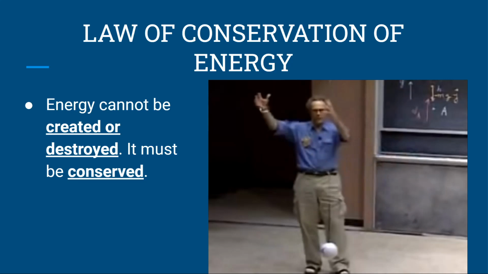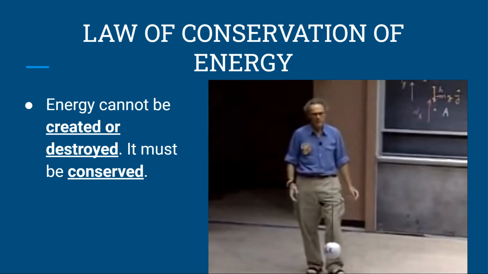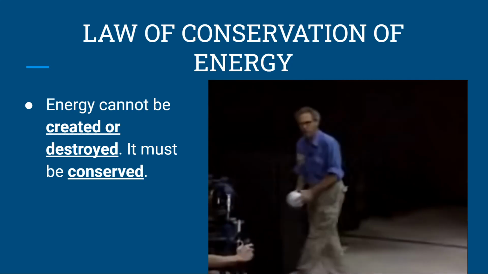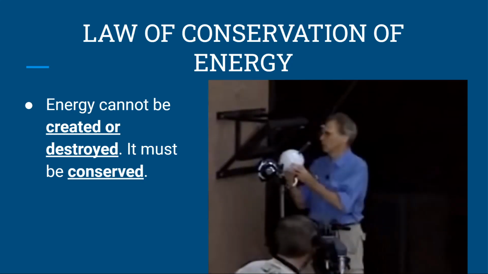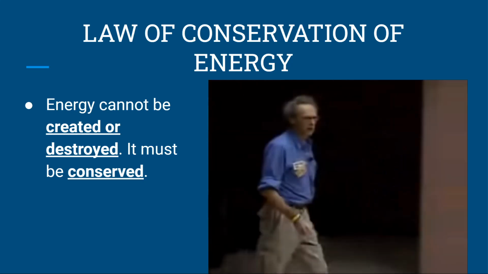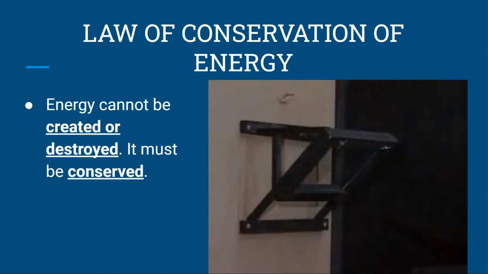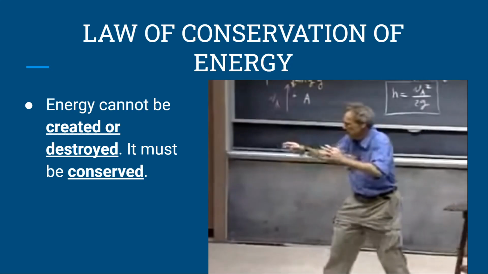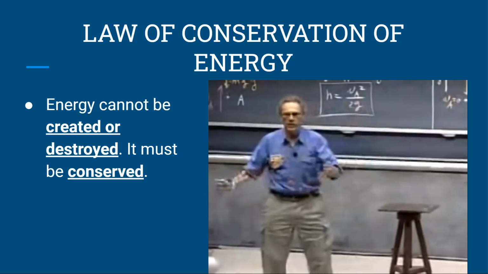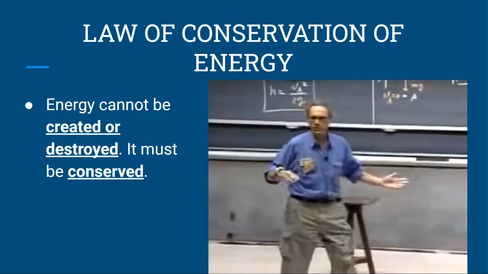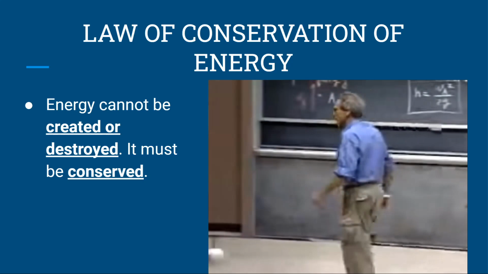You lift up a very heavy object, even heavier than this, and then you let it go, you swing it, thereby converting gravitational potential energy into kinetic energy, and it breaks the building. And that's the whole idea of wrecking. So you're using then the conversion of gravitational potential energy to kinetic energy.